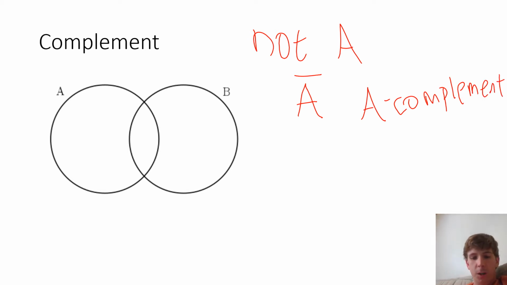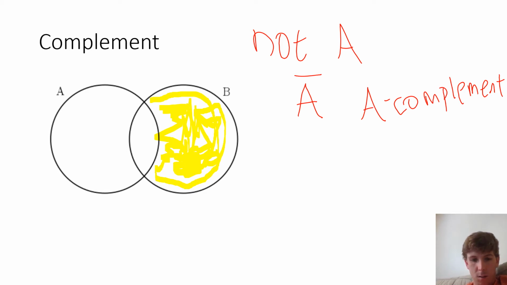If I wanted to shade A complement on this Venn diagram, it would be all this region over here, the portion that is just B. That is what we refer to as A complement, just B.